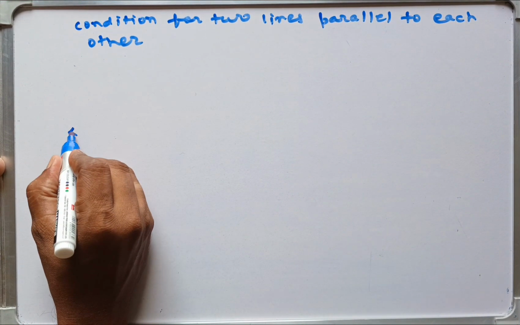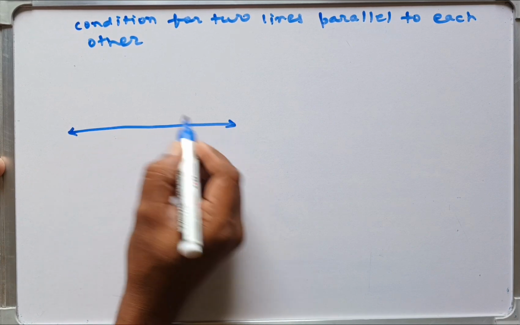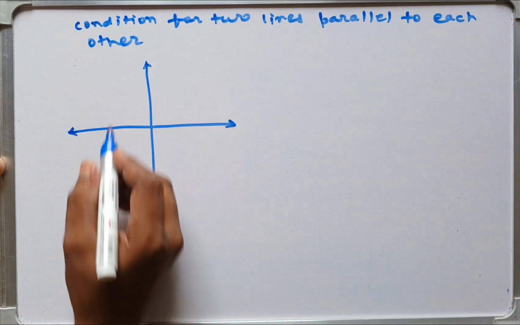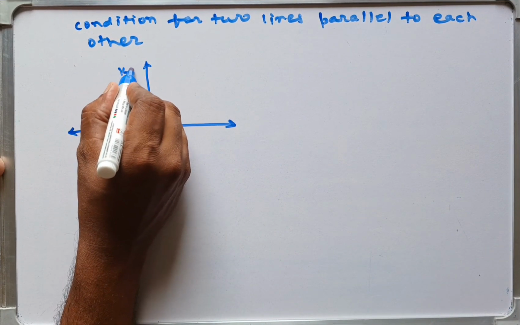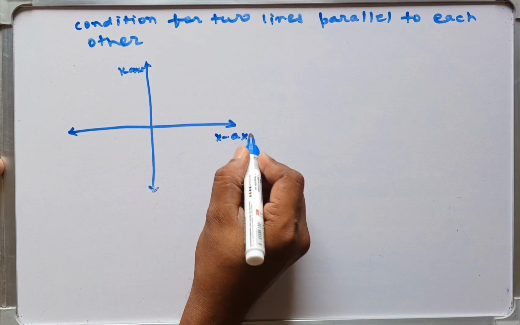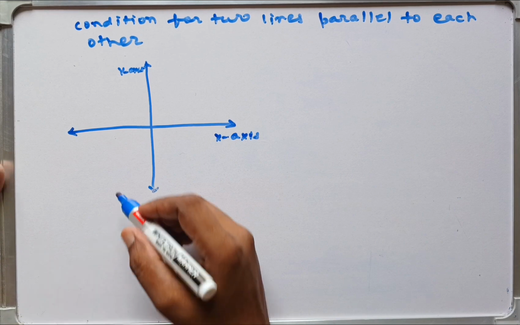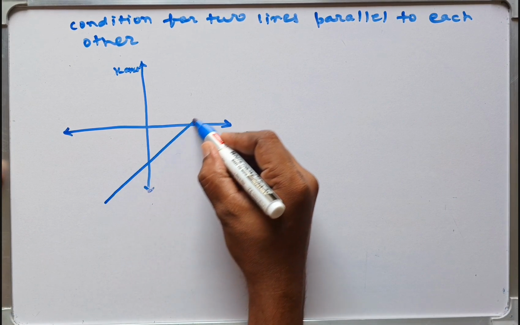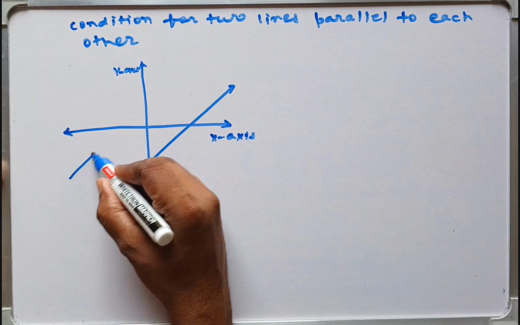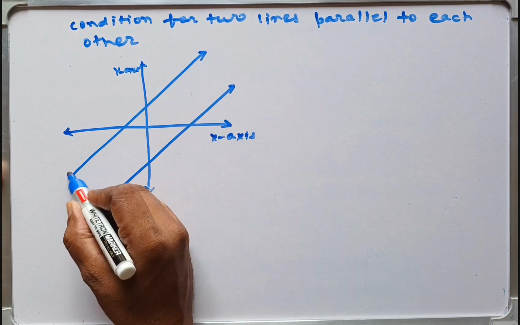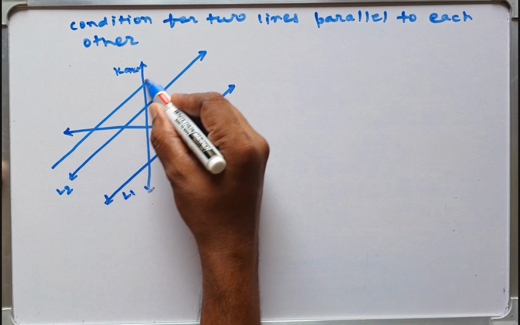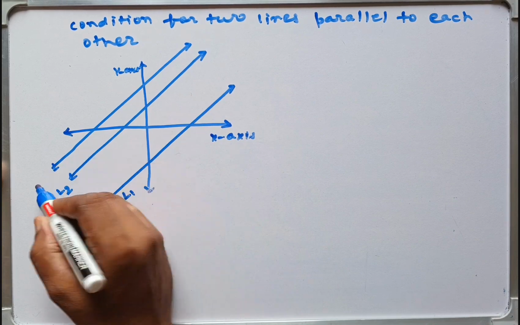So guys, suppose this one is the x-axis and this vertical line is the y-axis. Suppose this is a line here like this, this is L1, and this other line is L2, and another line, suppose L3, and so on.